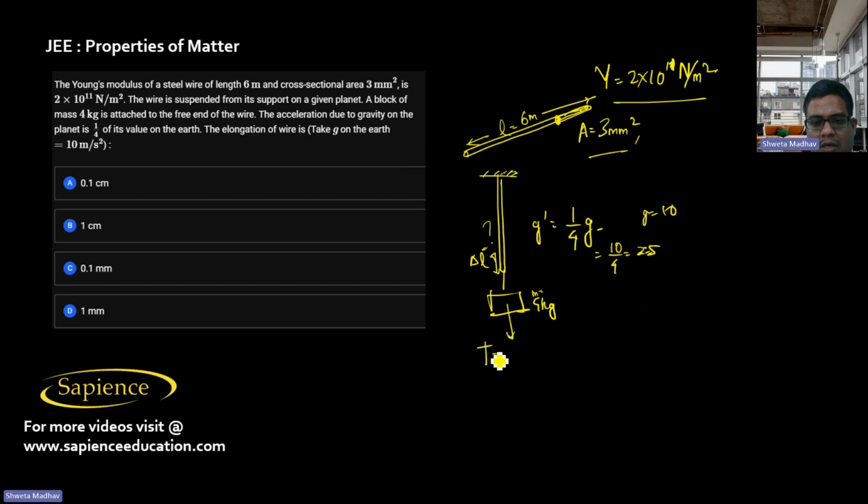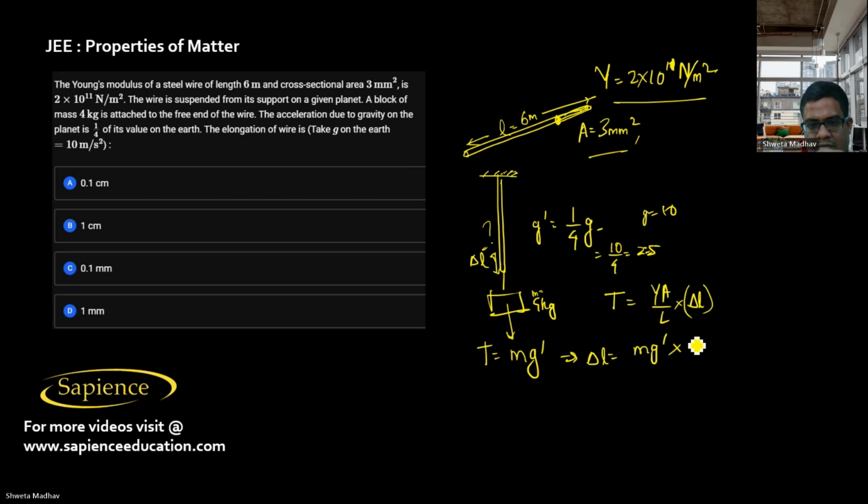Therefore, the tension force is equal to mg dash. The tension force will be equal to YA by L into delta L. So delta L will be equal to the tension mg dash into L, the length of the wire, that is 6 meter, by AY.